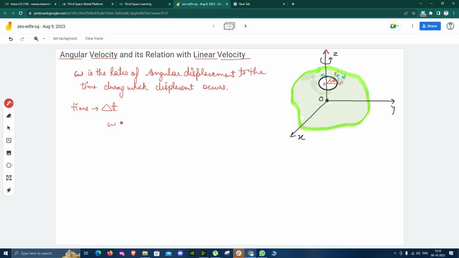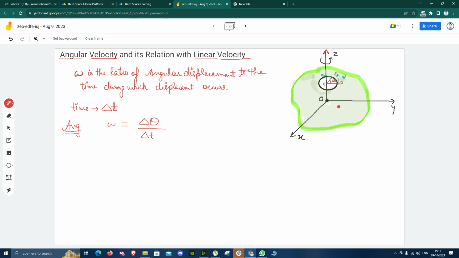Omega will be equal to the ratio of angular displacement, that is delta theta, which is the small angular displacement, and the time for it was delta t. This is the average angular velocity that we have figured out.